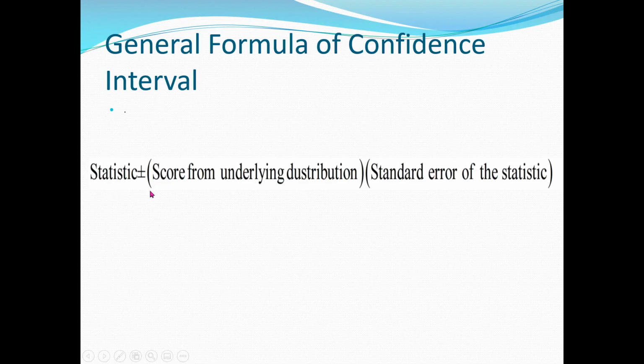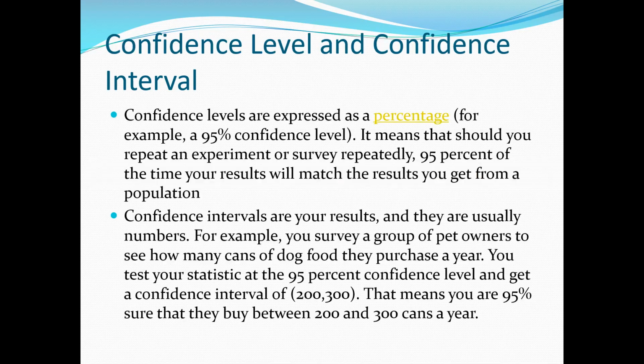So we add and subtract a margin of error. How do we compute a margin of error? We take the score from the underlying distribution, followed by the standard error. You will understand this formula in much more depth once we do the practice activities and discuss different scenarios as well.